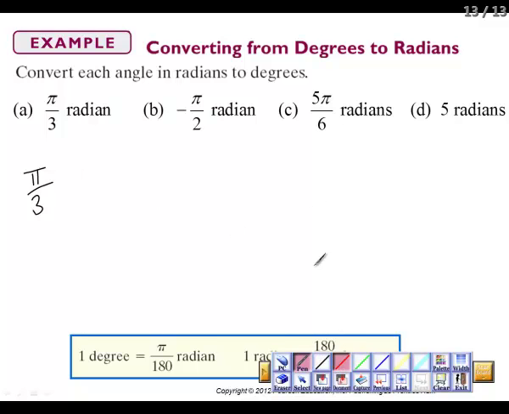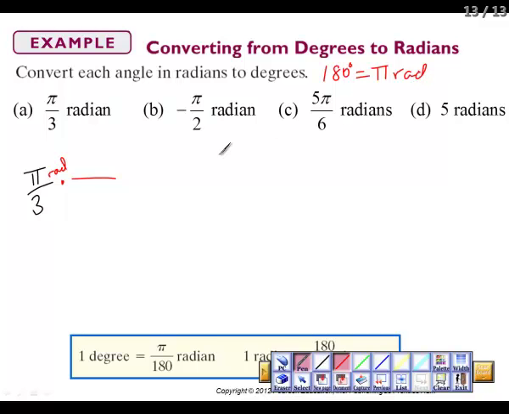So now at this point, again, we're going to ask ourselves, 180 degrees equals 2 pi radians. And so this time, the pi is in the numerator, so we want the radians to cancel.